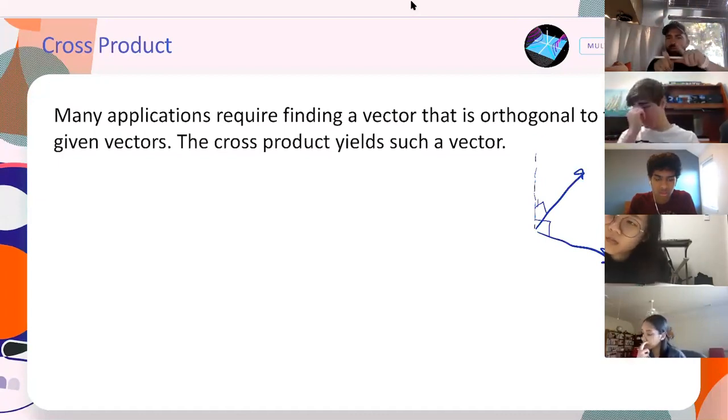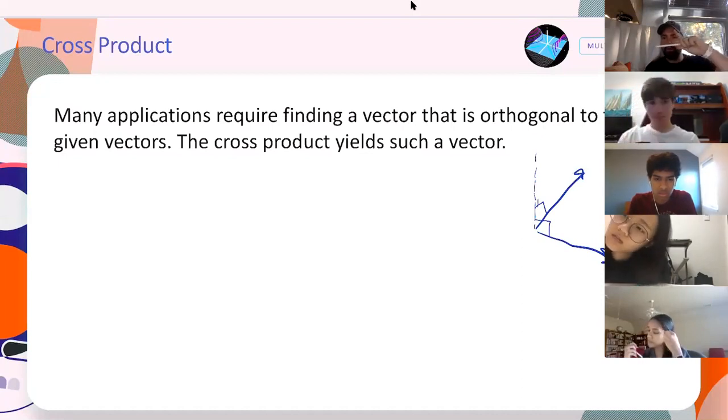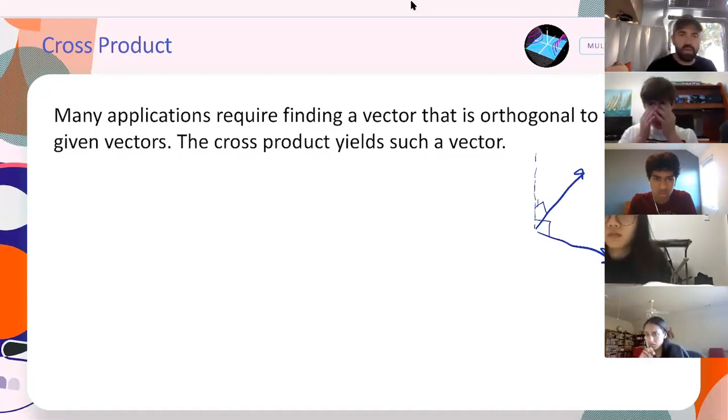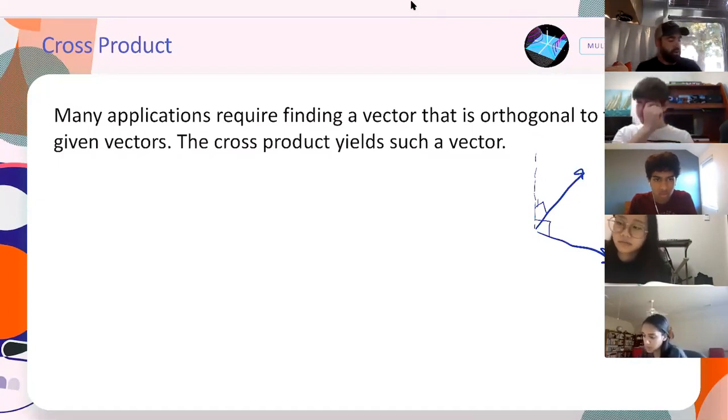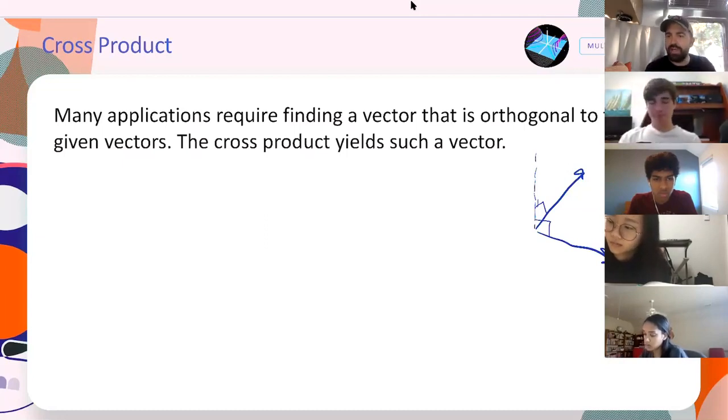You just take any two vectors, and we want the third one that's perpendicular to both. So this is only really applicable in 3D space. That's the main point of the cross product. It does appear in other formulas, but at its most basic level, the information you're getting when you take a cross product is a vector that's perpendicular to the two things you multiplied.